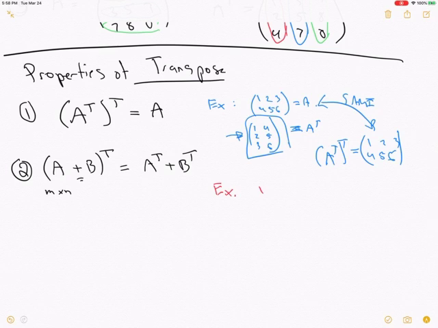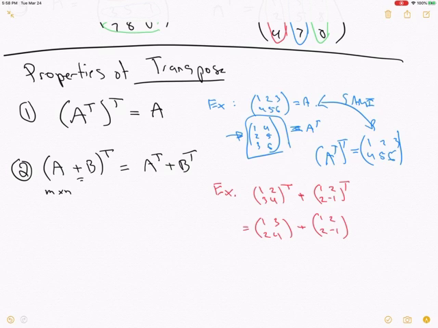If you take the matrix 1, 2, 3, 4, and take its transpose and add that to the matrix 1, 2, 2, minus 1, take its transpose. The way I wrote it, you would first take the transpose, so this becomes 1, 3, 2, 4, and this becomes 1, 2, 2, minus 1.